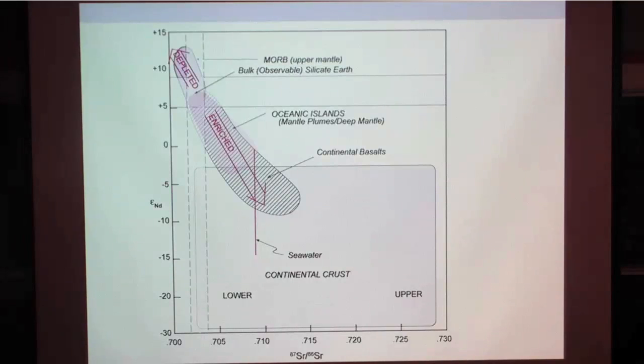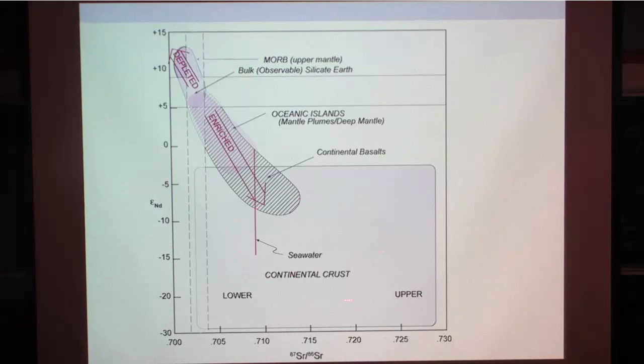So in a simple way, if we take two of these isotope ratios, the samarium-neodymium system represented by epsilon neodymium and strontium 87/86, and plot them against each other, mid-ocean ridge basalts plot up here. The strontium and neodymium isotope ratios tell us they come from a source depleted in incompatible elements.